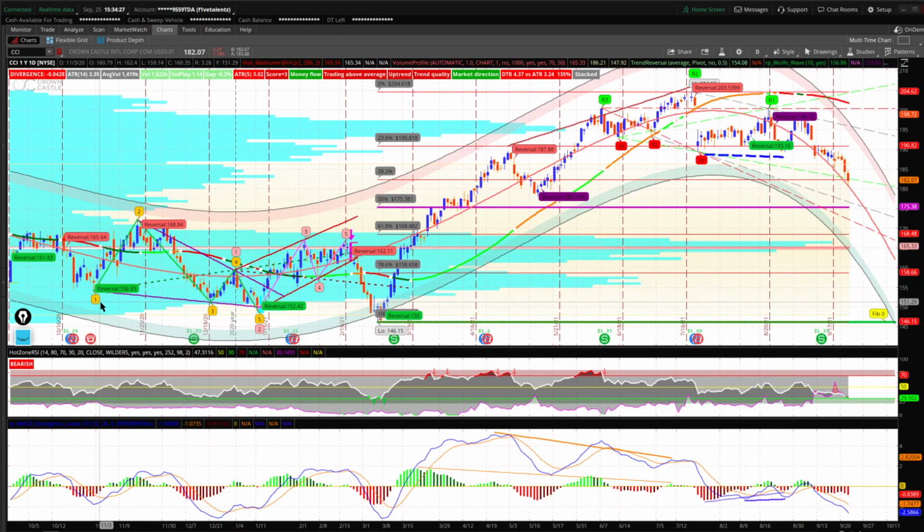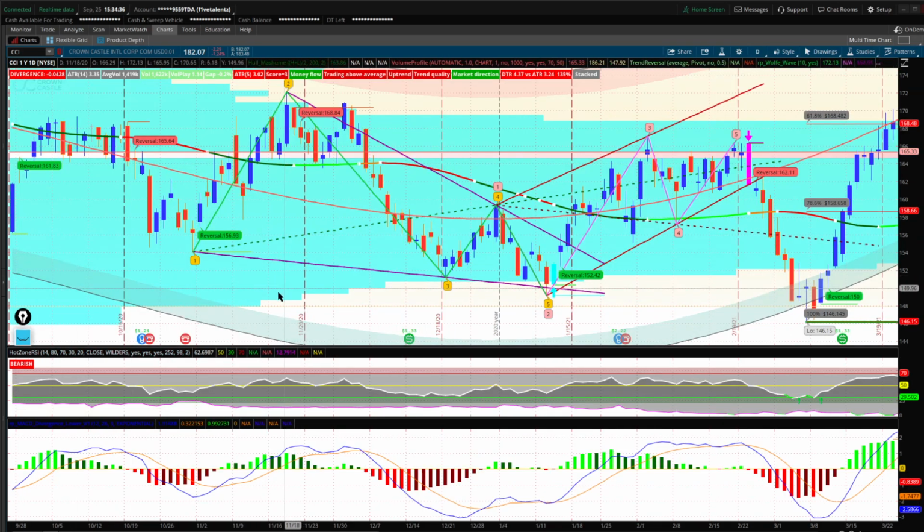Now the strategy is you draw a line from point 1 to point 4, and you see this dotted line right here. I'll zoom in a little bit. It forms this dotted line, and there are rules to how you follow this.